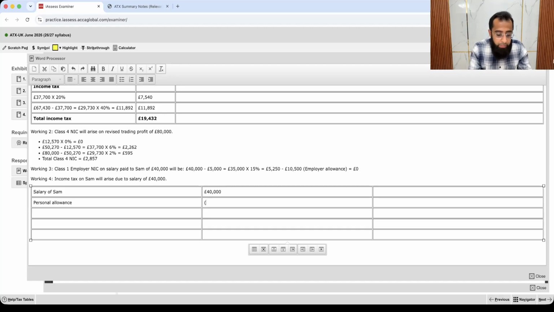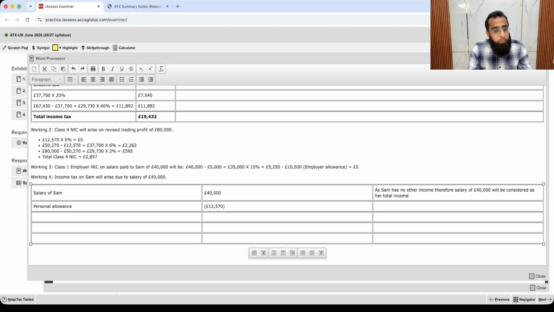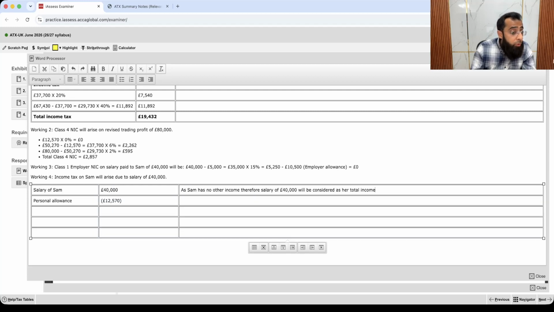As Sam has no other income, therefore salary of 40,000 will be considered as the total income. It's just about solving the question in a simple manner. It's just routine steps if you just look at it. I'm not doing anything technical.